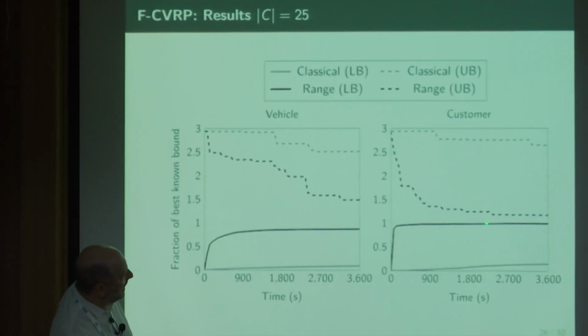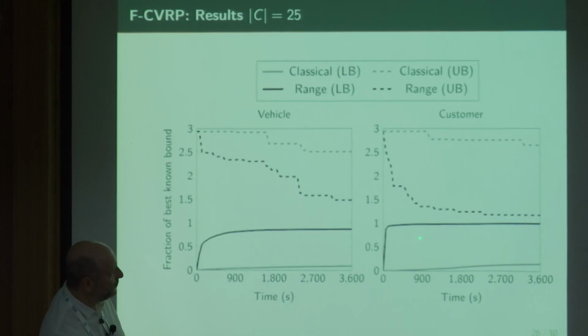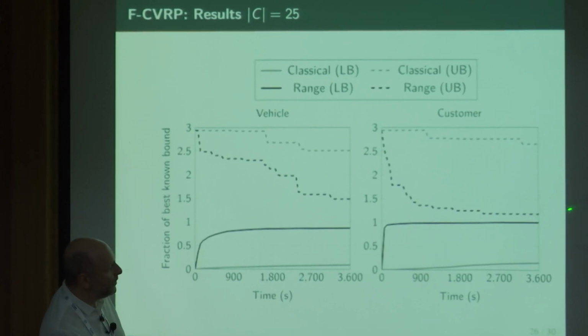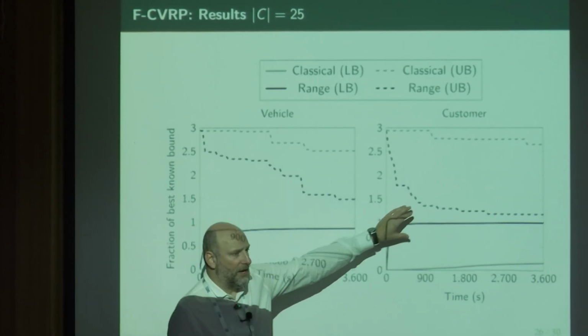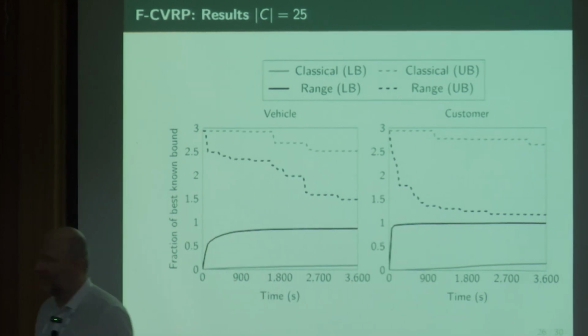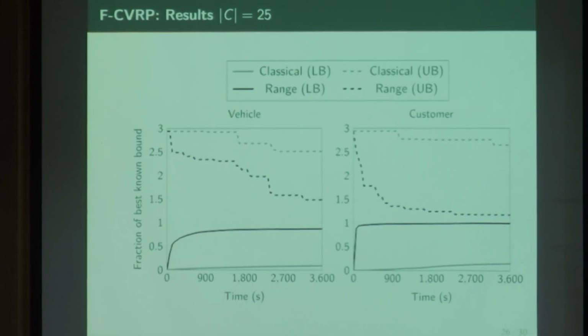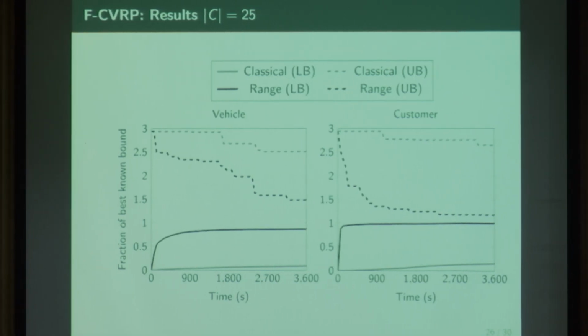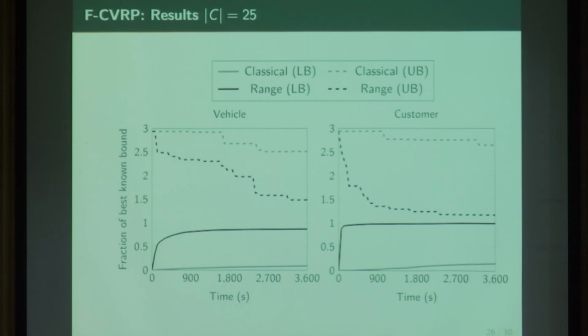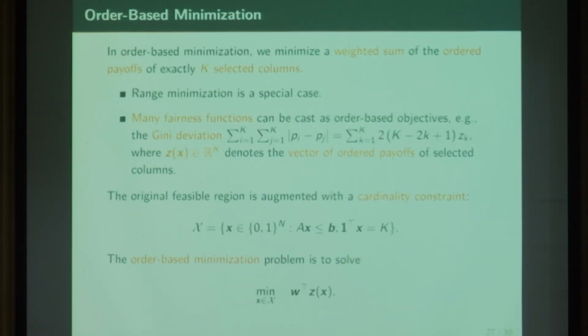Even if this instance is not solved to optimality, you can see that the way of closing the gap in the customer formulation is quite nice. And do you see this big jump, right? In the first part, you are able to close a lot of the gap through range branching. After that, you start doing what you're supposed to do most of the time, but range branching is the one that is pushing the objective function quickly there.